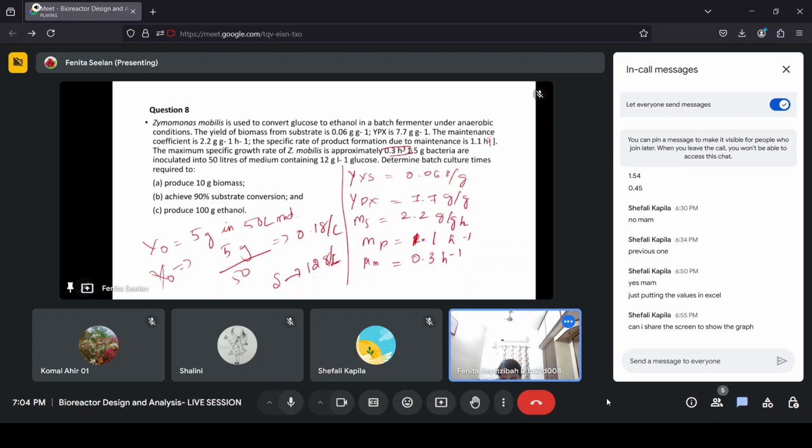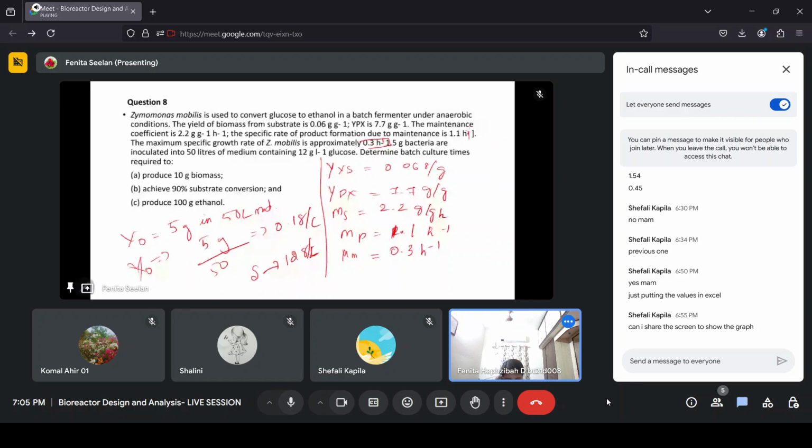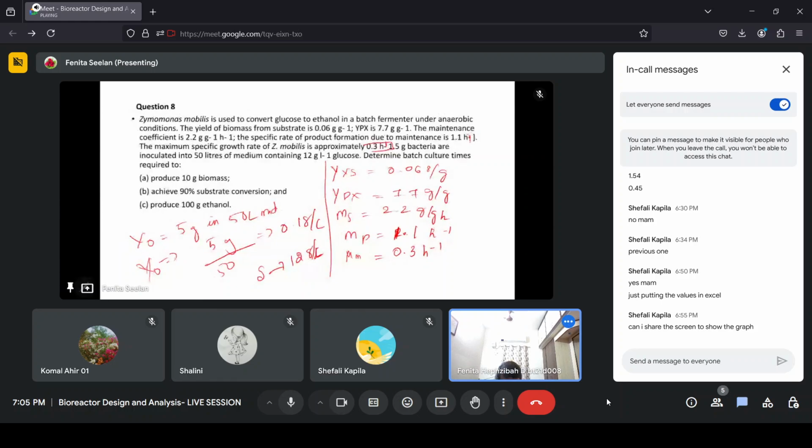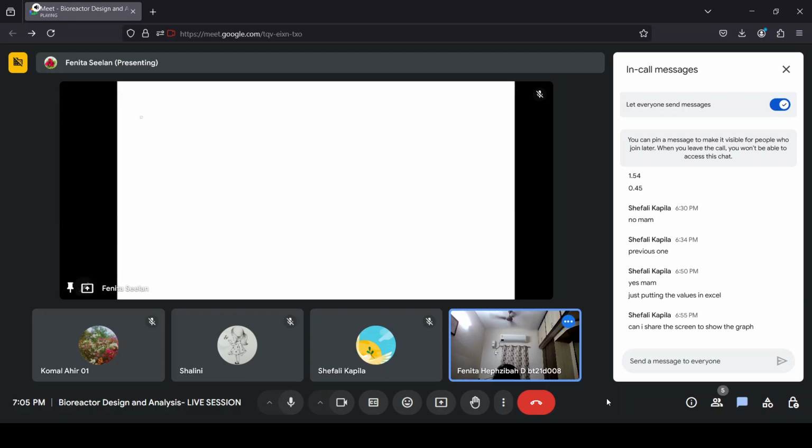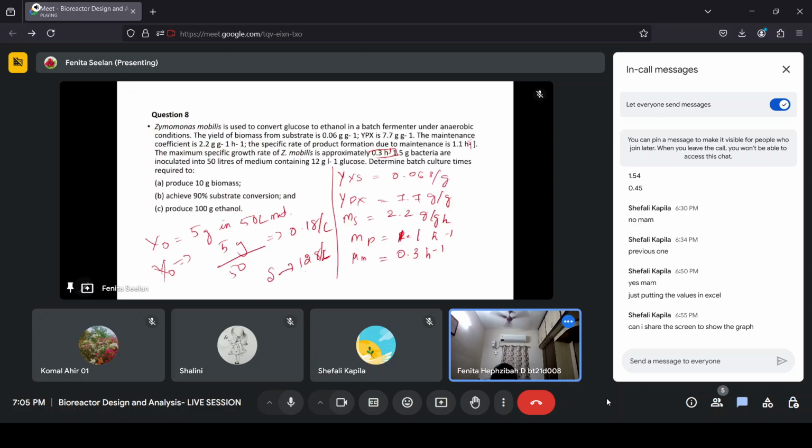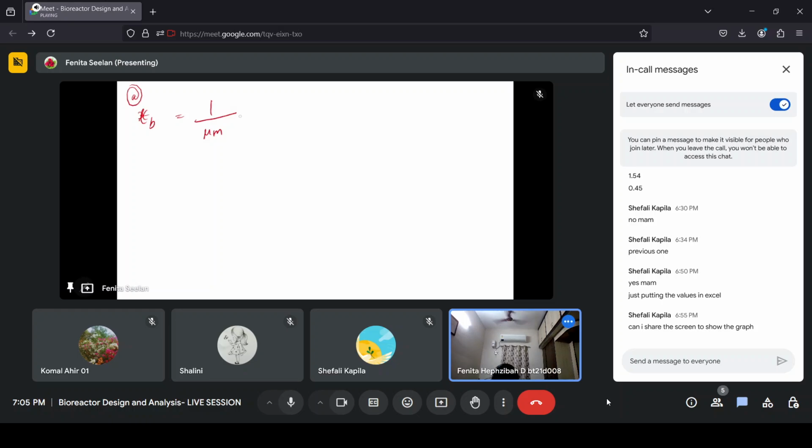Okay. So now the question is, we need to produce 10 gram of biomass, but we have already inoculated 5 gram. So how much will be the xt value, which is x concentration at time t? 10 plus 5, which is 15 gram. So the formula for batch time TB is equal to 1 by mu max, let's say A, for question number A, mu max ln of xt by x naught.